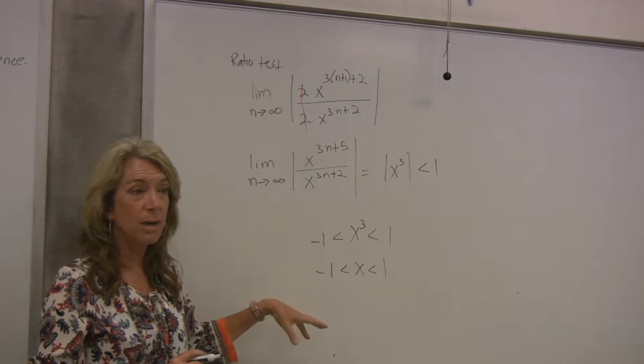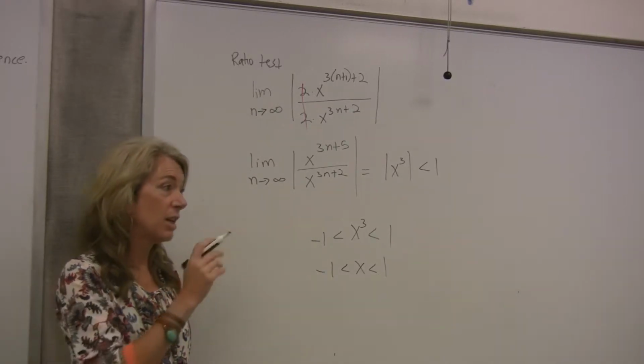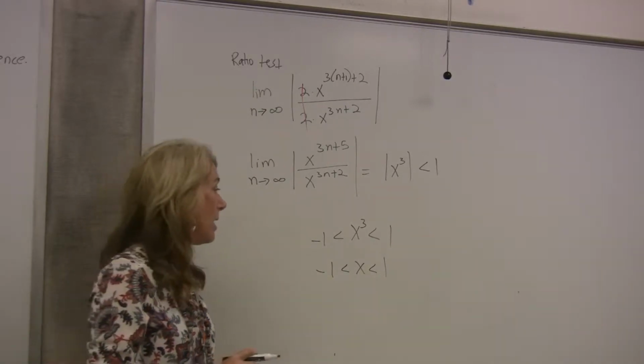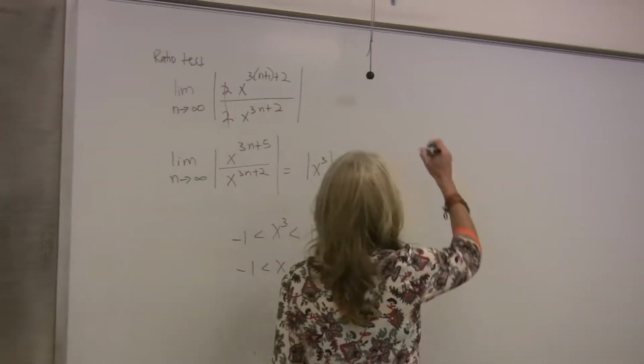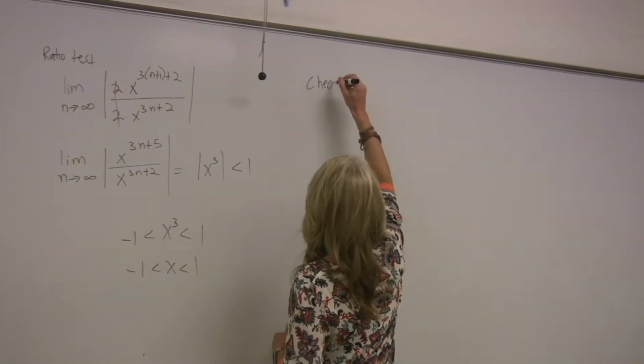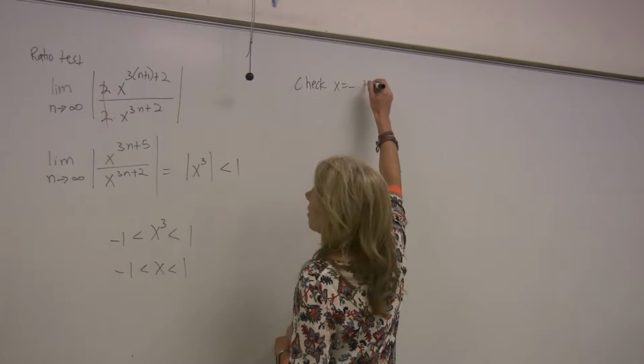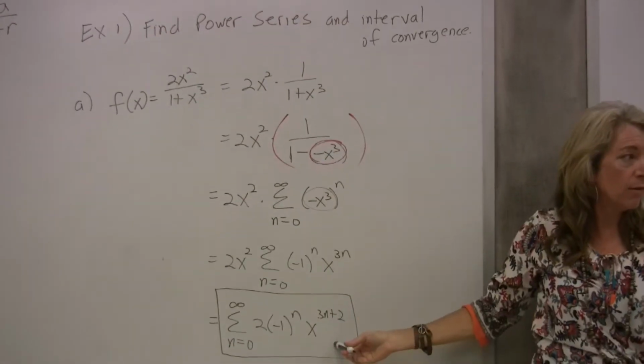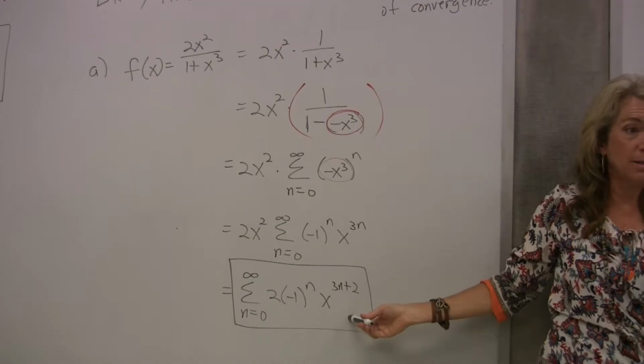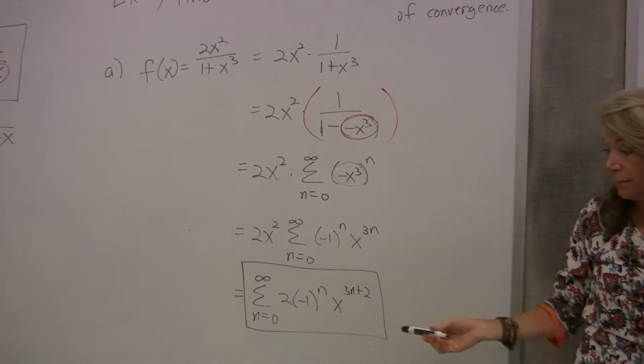I'm not done because I need to check the endpoints. So let's check x equals -1. When I say check the endpoints, I'm plugging it in for my x value in my series. This is the series we're working with.